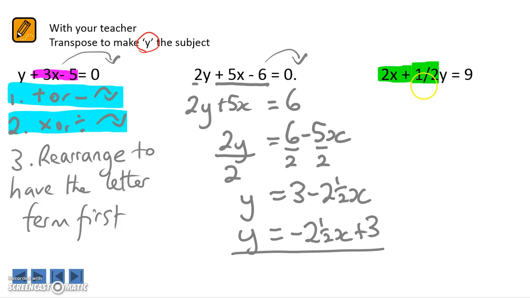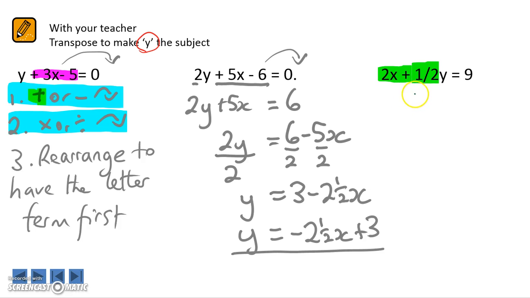The 2x, or do we take over the half? Hopefully you guessed it right. It's the added term because it tells us over here to add. So we're going to take the add over and take it away from the other side. And then our next step is we've got that half y, which we're going to take over.